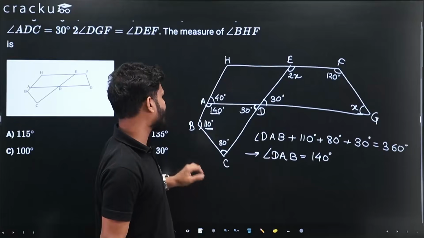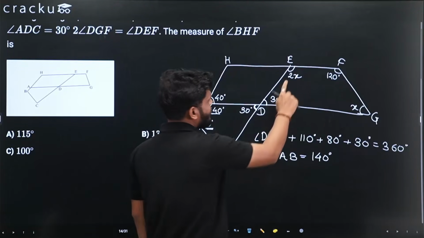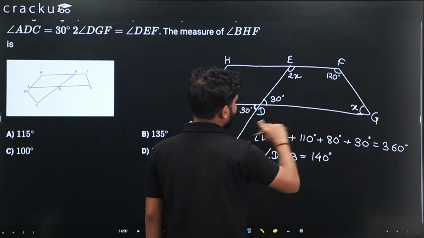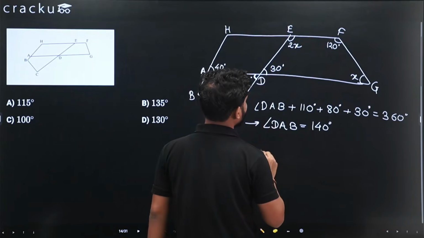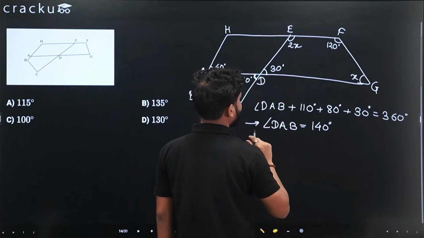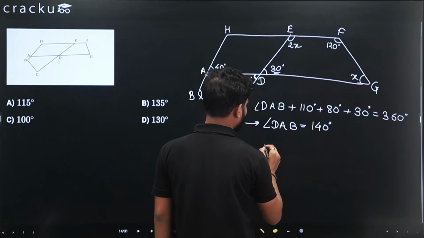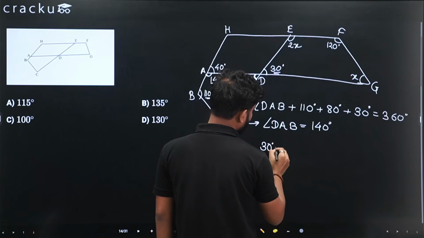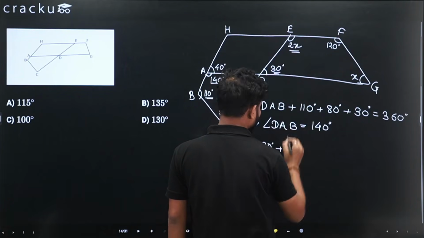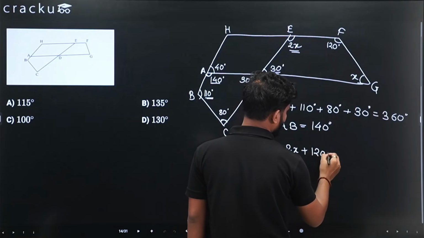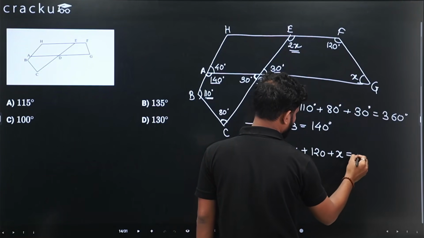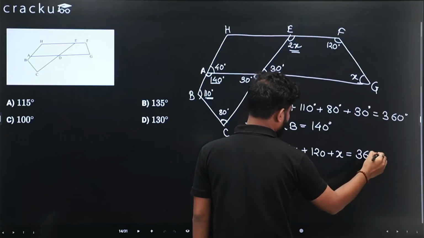Now, if you look carefully, you have quadrilateral EFGD or DEFG. In this one also, the sum of all angles will be 360 degrees. So this is 30 degrees plus 2x plus 120 plus x. It will be equal to 360 degrees.